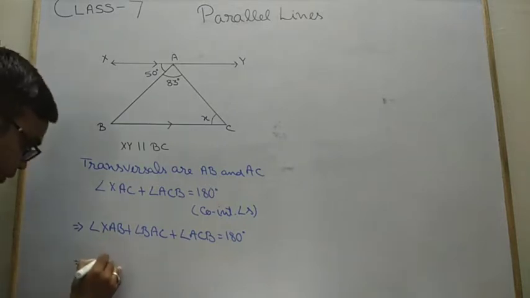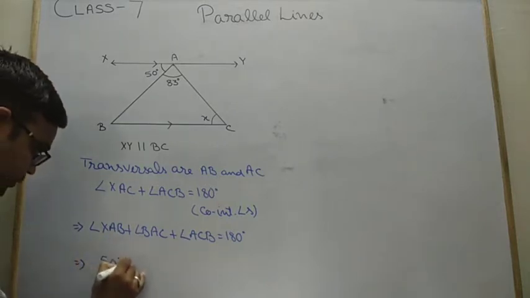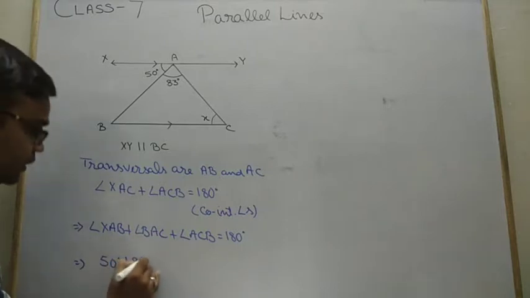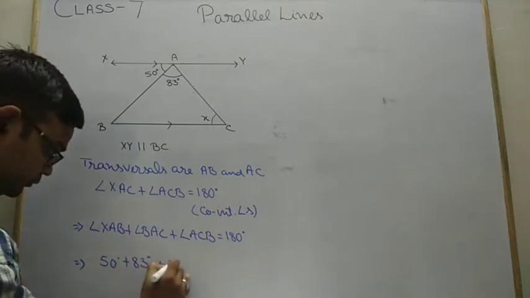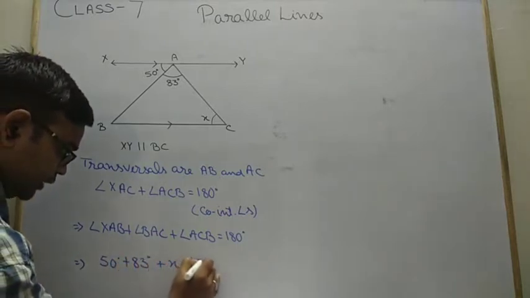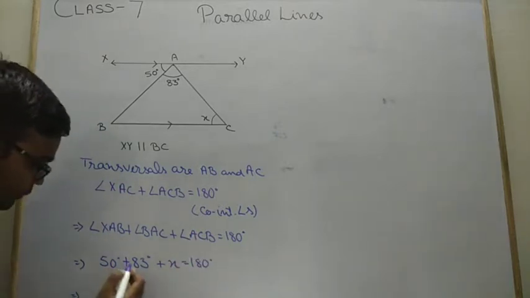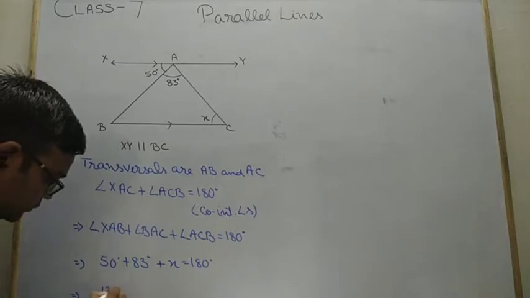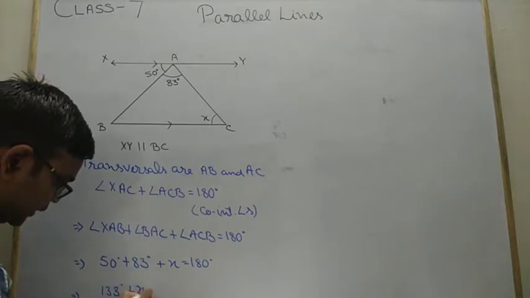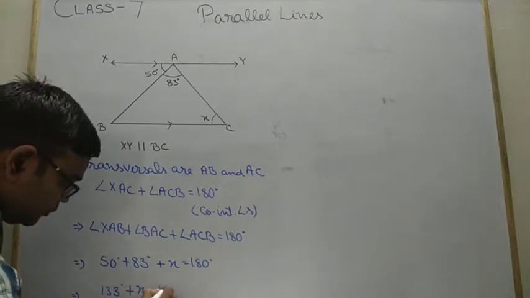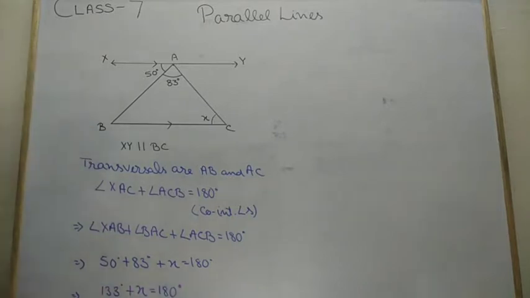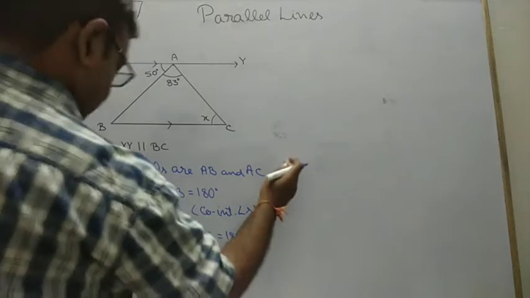XAB is 50 degrees plus 83 degrees plus x equals 180 degrees. When we solve this, we have 133 degrees plus x equals 180 degrees. Now we move to this side.